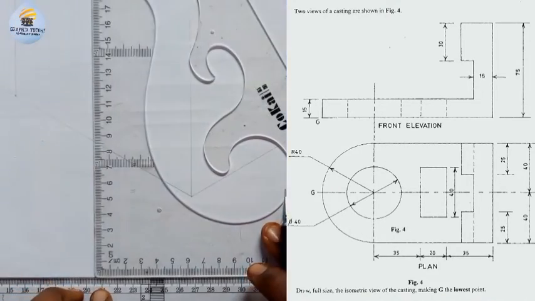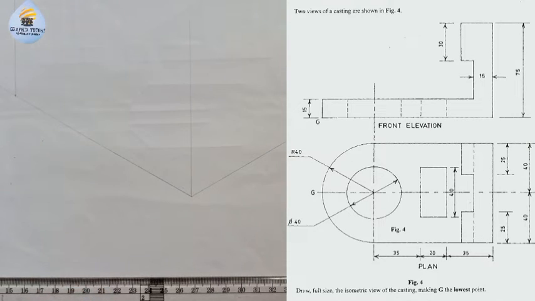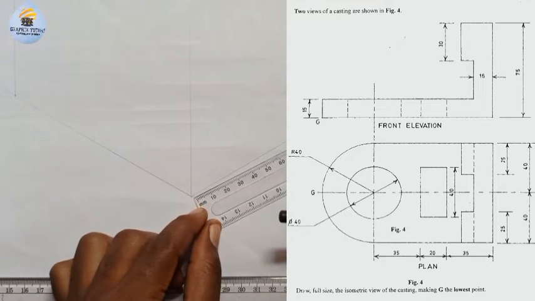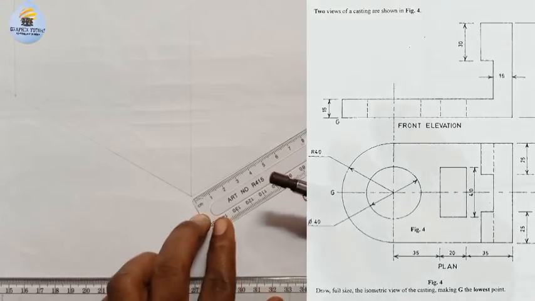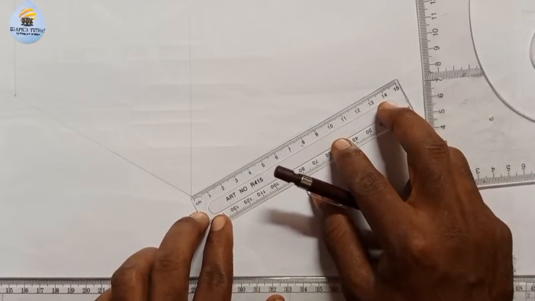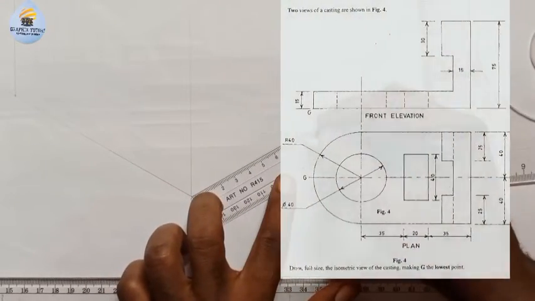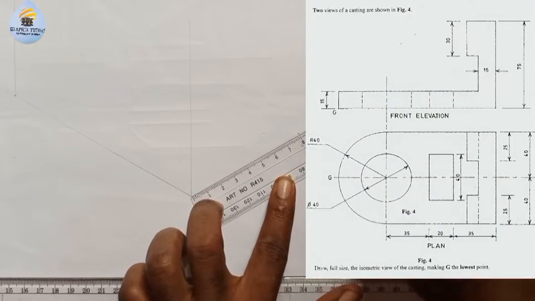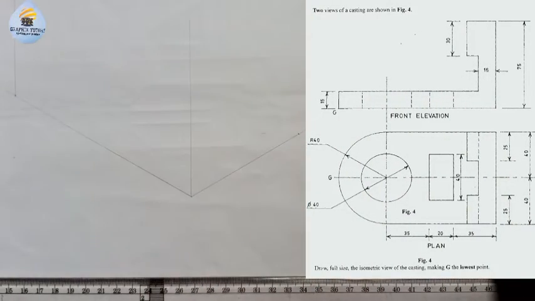Now if you look at the width here from the plan, we have 80. 40 here plus 40 here gives us 80. So from this point here, we're going to be measuring 80, and I am going to project it up too.